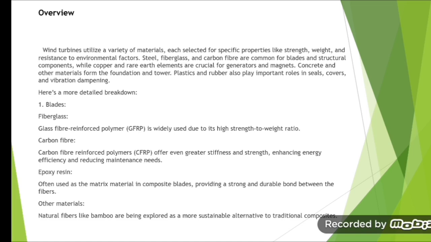The next one is epoxy resin, often used as a matrix material in composite blades, providing a strong and durable bond between the fibers. Other materials: natural fibers like bamboo are being explored as a more sustainable alternative to traditional composites.